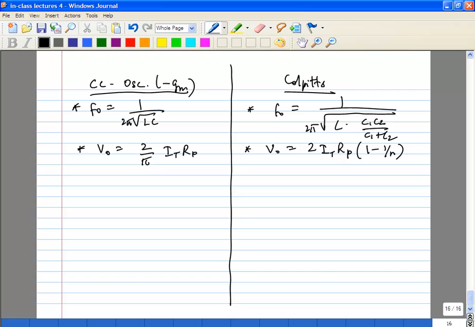You remember this expression, 2 I_T R_P times 1 over N. It so turns out, if you want the best phase noise performance, it happens approximately around 1 by N equals 0.2, the tap ratio is 0.2.